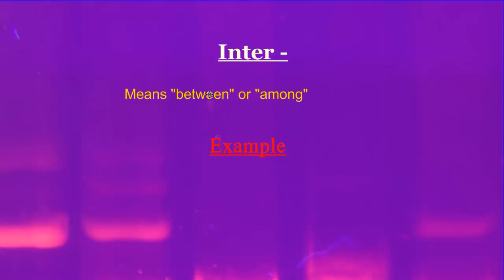The next prefix is iso. Iso, you might have heard in math before. Iso means equal. Iso would be used in words like isolateral or isotonic. Inter is a prefix that means between or among. We hear inter as a prefix a lot.